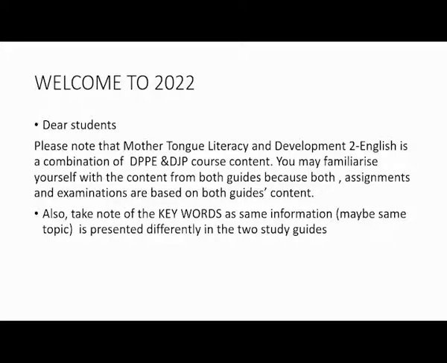Also, very importantly, throughout your course, take note of the keywords, as some information, maybe the same topic, is presented differently in the two study guides. It could be that, let's say we are dealing with listening as a topic in DJPE, and when you go to the study guide for DPPE, there is a unit or a topic on listening.